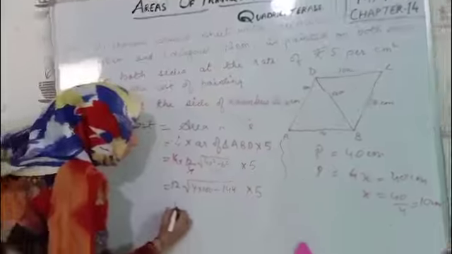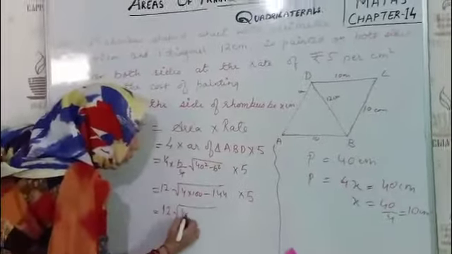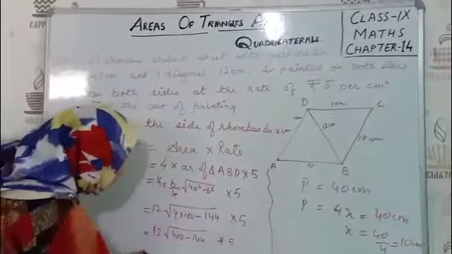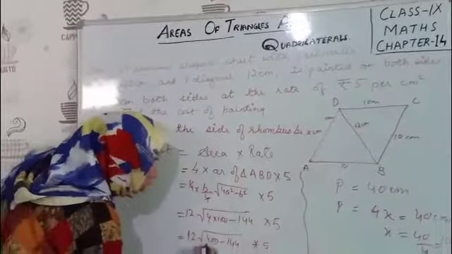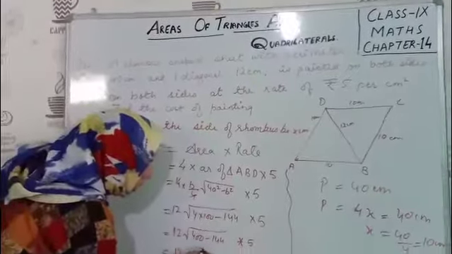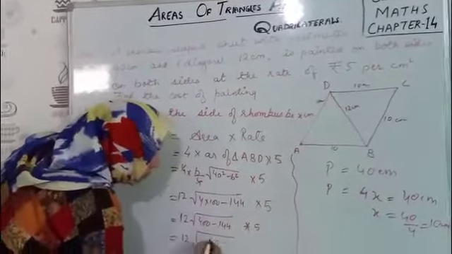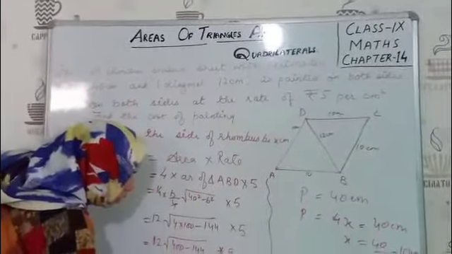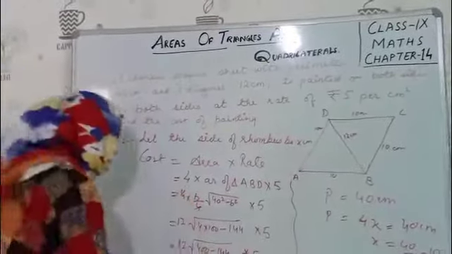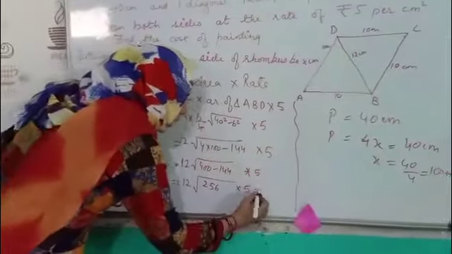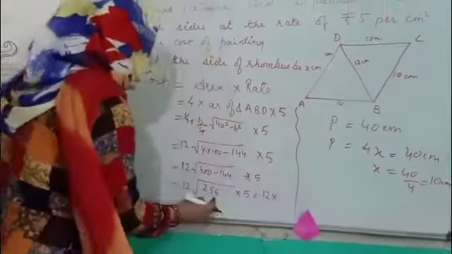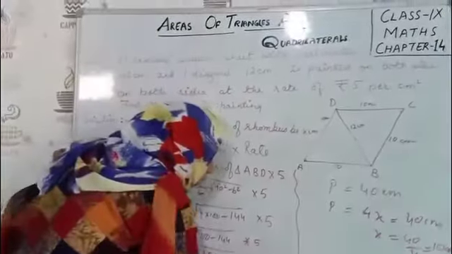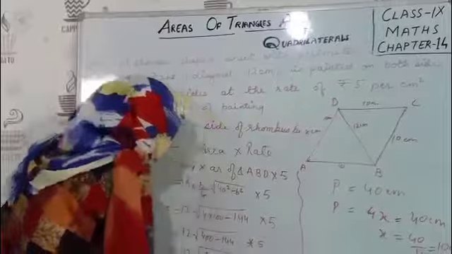So you will get under root 400 minus 144, multiply by 5. 400 minus 144 is equals to 256, so under root 256, multiplied by 5. It is equals to 12 into 256 is a square of 16. 12 into 16 into 5.